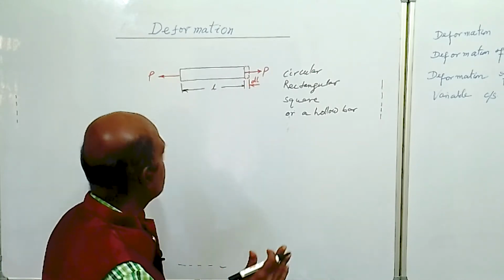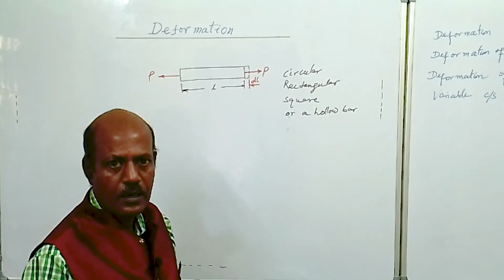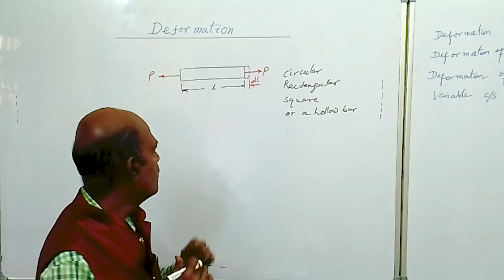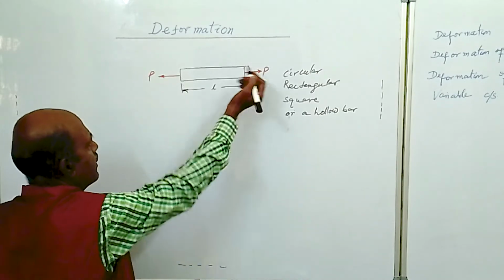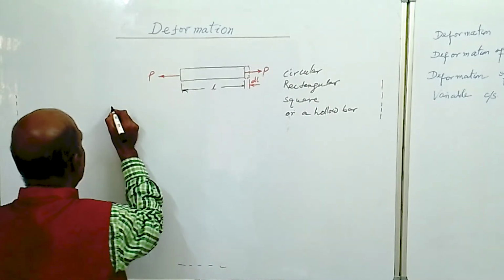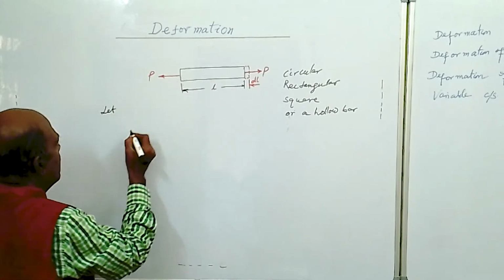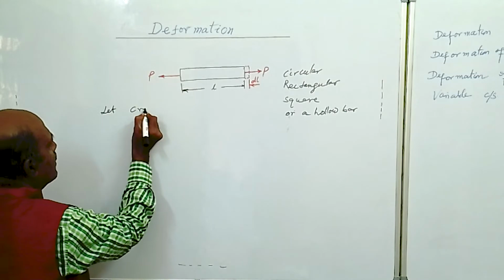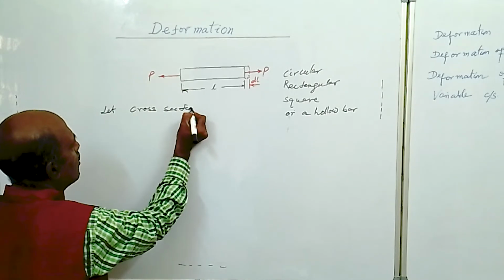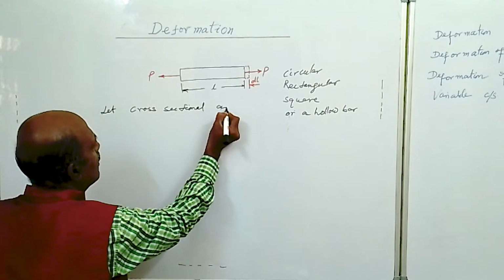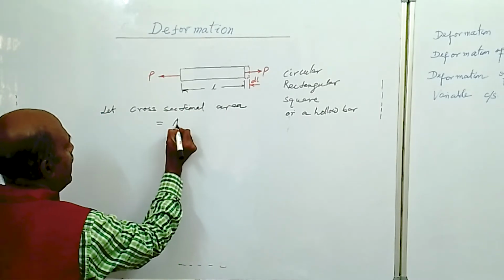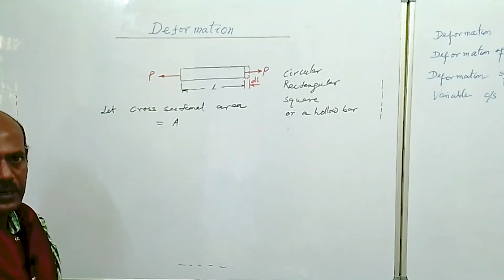So now this dl is called deformation. So now this is a simple bar. Now what is the magnitude of this dl? That we are going to derive. Now as the bar is under load P, let the cross sectional area of the bar, say, A is the cross sectional area.